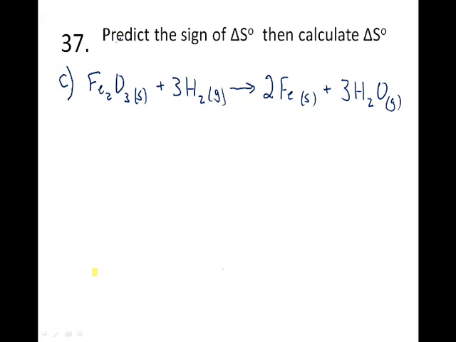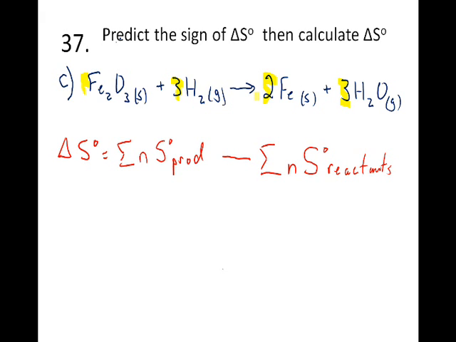You'll notice here we're going from 3 moles of a gas to 3 moles of a gas, and we've got this and some iron, and it is not going to be easy to predict the change in entropy of this reaction. So I think we're actually going to have to calculate this, because it's just not going to be easy to predict it from what we're seeing here.